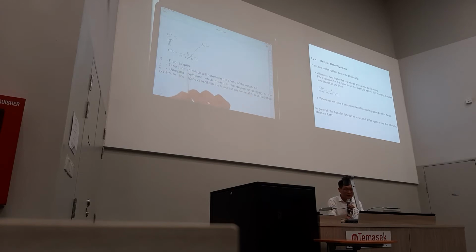And from this format itself, as I said, K is our process gain, the steady state gain. Anything related to K is a gain, similar to what we had earlier. Tau is the time constant which indicates the speed of the response. The smaller the tau, the faster the system responds. So the time constant indicates the speed of the system.